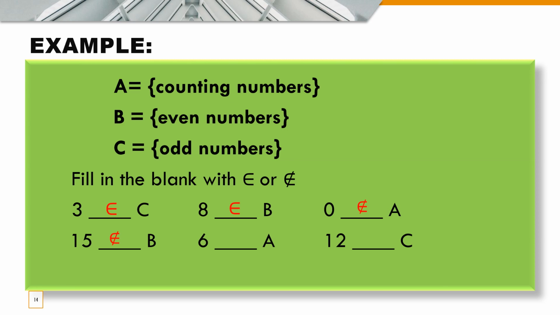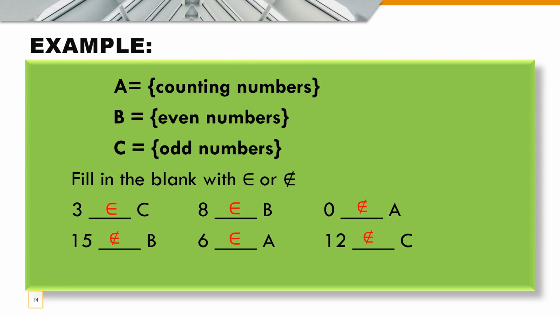Let's have this one. 15 blank B. Element or not an element? Correct. It's not an element because 15 is not an even number. What about this? 6, correct.